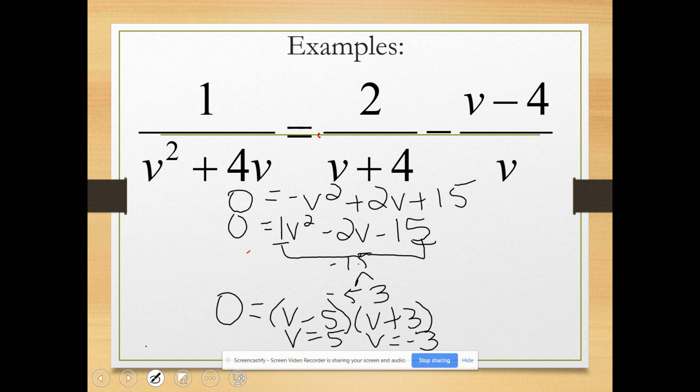So we want to go back and revisit our restrictions. Our restrictions were 0 and negative 4. So we have to make sure that 0 and negative 4 don't match our 5 and our negative 3. We're good. So our solutions are 5 and negative 3.